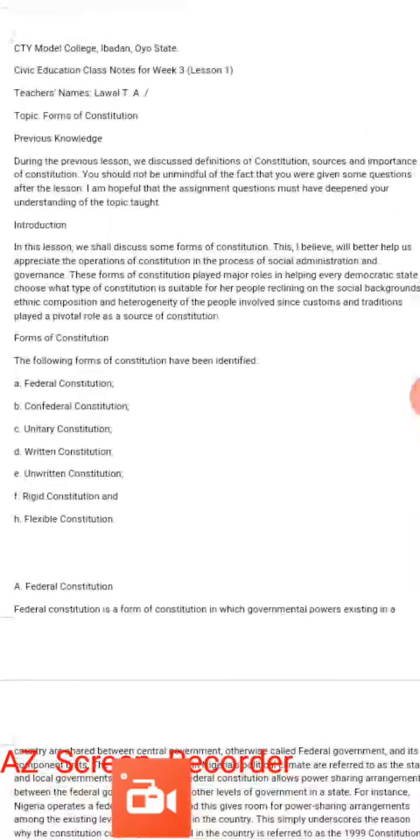During our last lesson on GS3 Civic Education, we discussed definitions of constitution, sources as well as importance of constitution, most especially as a pillar of democracy. We want to continue with other subtopics under the constitution.